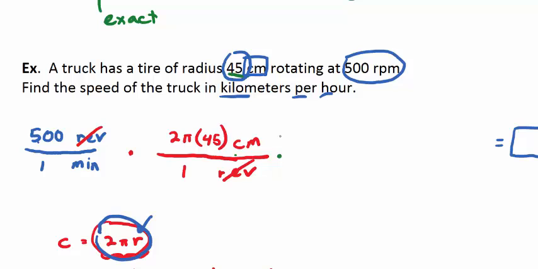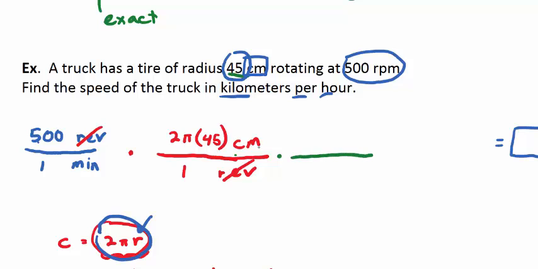How do I do that? Since there's 100 centimeters in a meter and 1,000 meters in a kilometer, you can figure out by multiplication how many centimeters are in 1 kilometer. What does it turn out to be? 100,000, right?